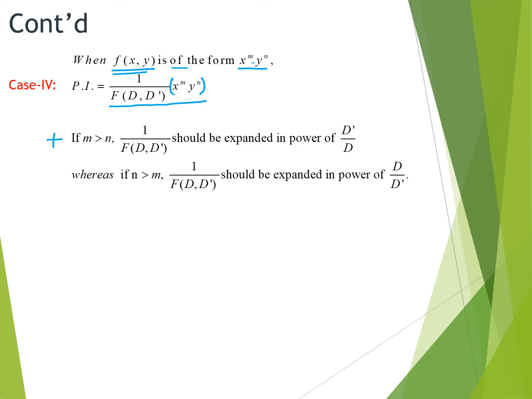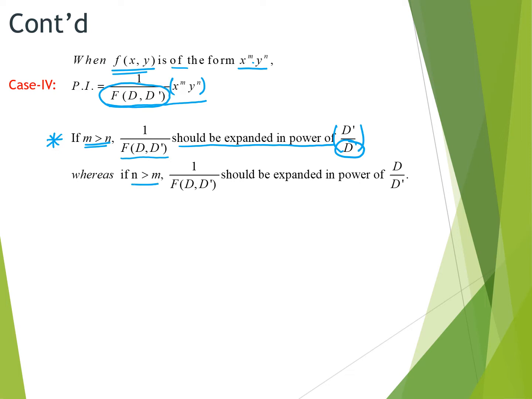Point to remember: if m is greater than n, that means the power of x is more than y, then 1 by f(D, D') should be expanded in powers of D' upon D. That means from the denominator you have to take capital D as a common.